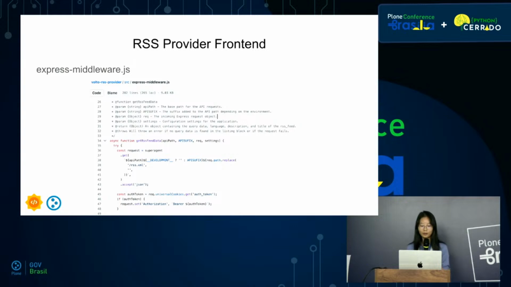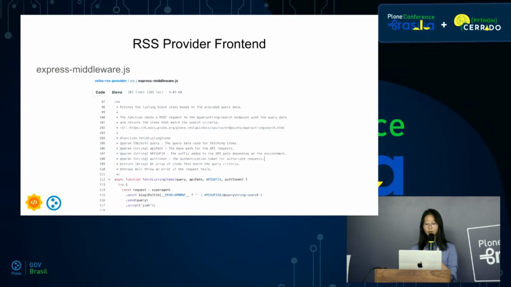So, a couple of components that we wrote for the Express middleware. The first thing is that we get all the necessary metadata from the RSS feed content type, including its language, title, description, and also the most important query data that the user specified in the listing block. And then we use the query from the RSS feed content type to fetch all the relevant items the user specified that they want to include in the RSS feed list.